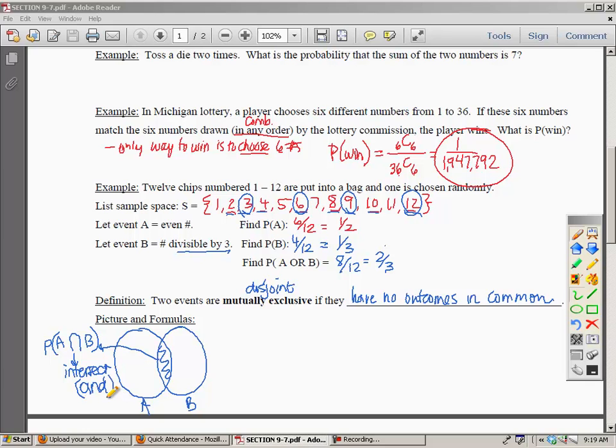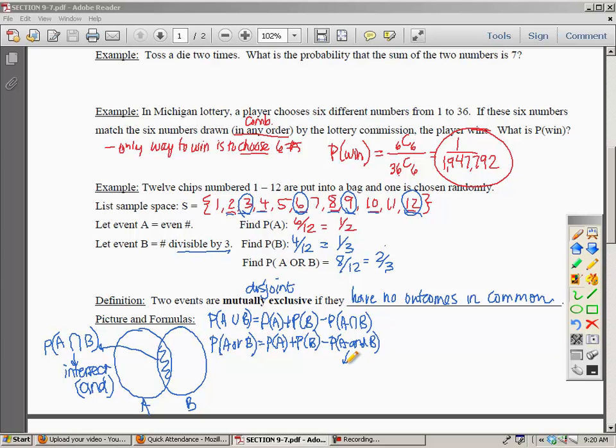So if we look at it, the probability that your book gives you is the union of A and B is the probability of A plus the probability of B minus the probability of their intersection. In your Algebra 2 book, we gave it to you like this. The probability of A or B equals the probability of A plus the probability of B minus the probability that it's in A and B.